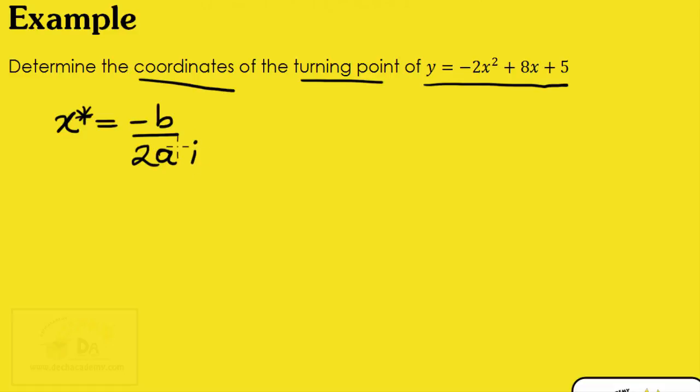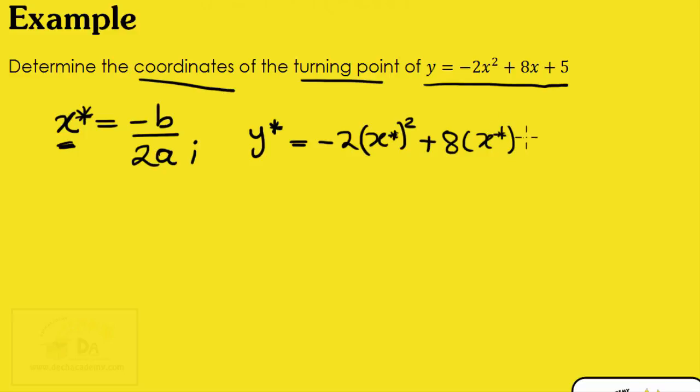And once you determine the x coordinate of the turning point, to determine the y coordinate, so I'm going to call that y with an asterisk, you replace x in the equation with the x star value you obtain. So you're basically going to have x star all squared, 8 x star plus 5. So this is the procedure.